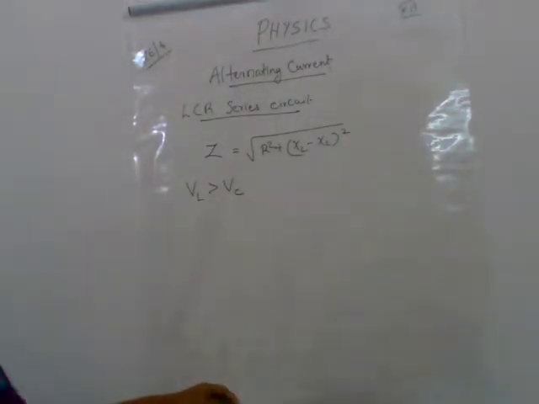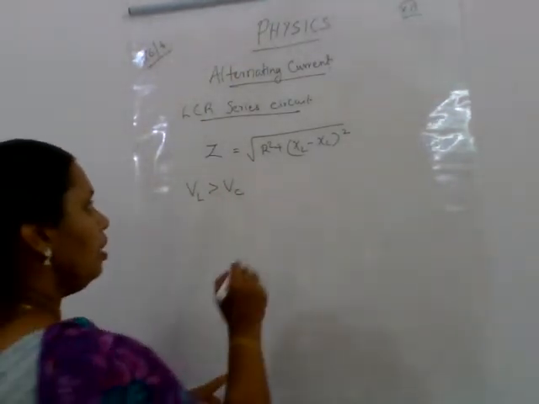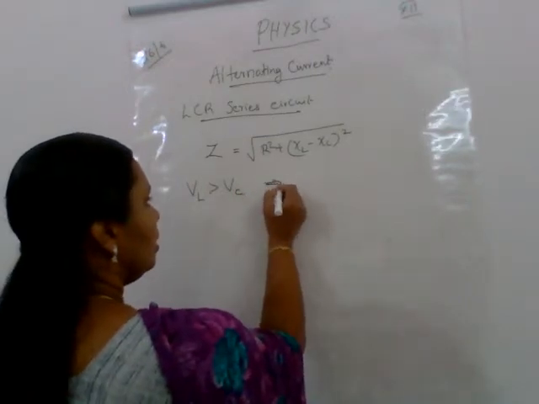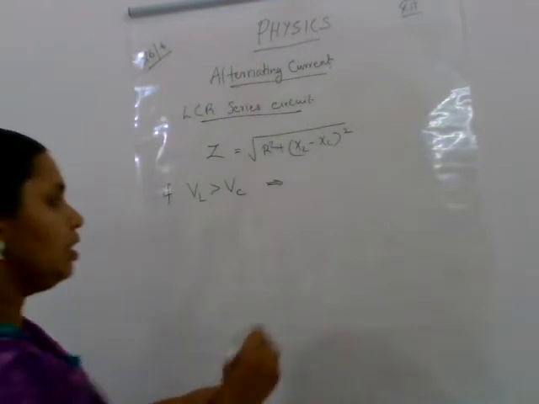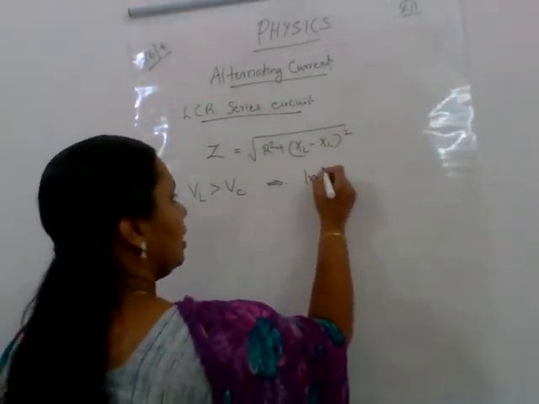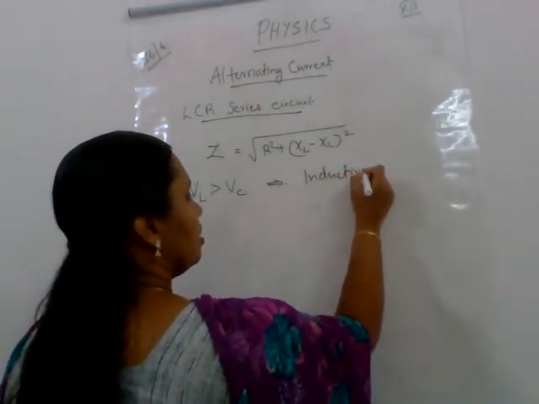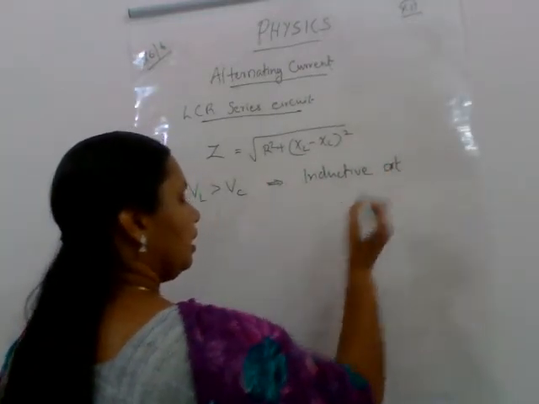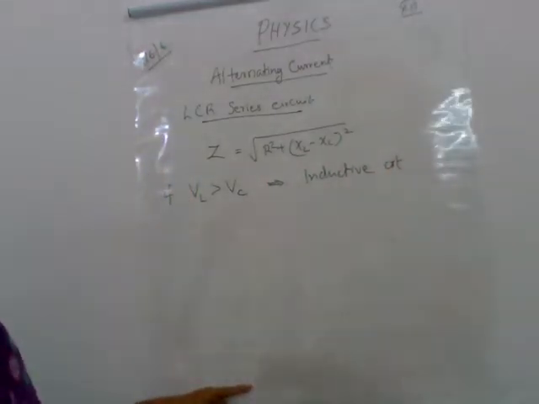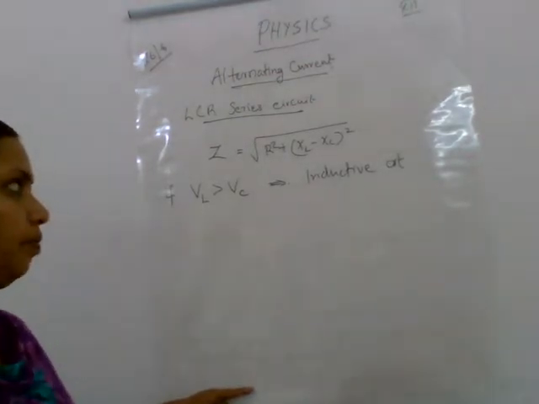So in such cases, if VL is greater than VC, the circuit is known as an inductive circuit.